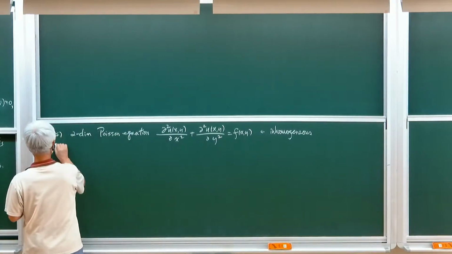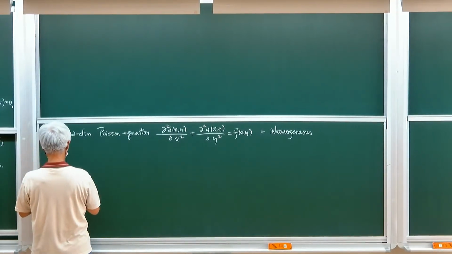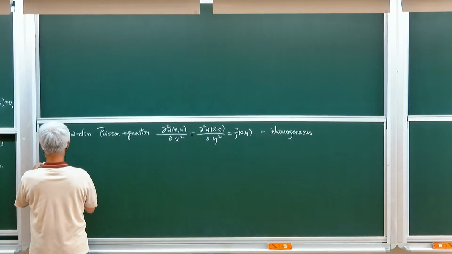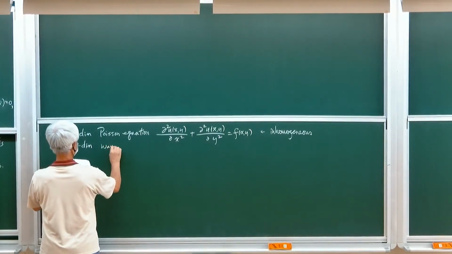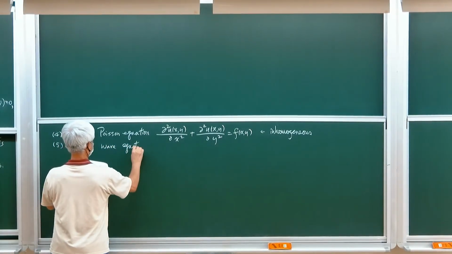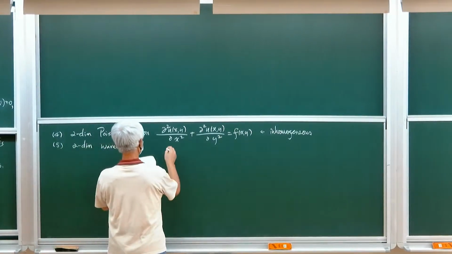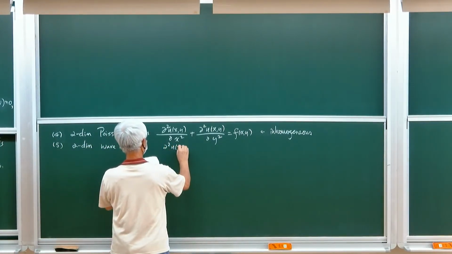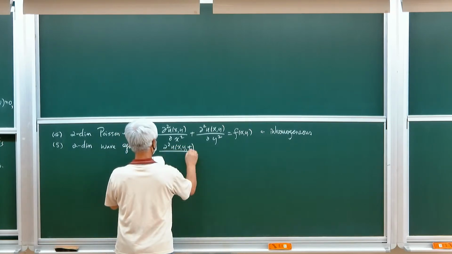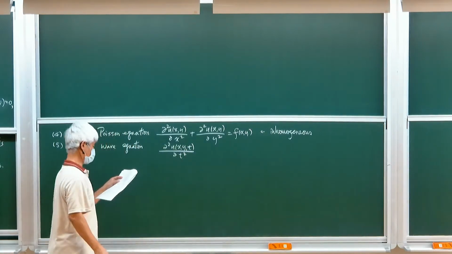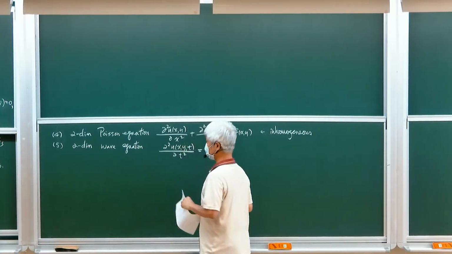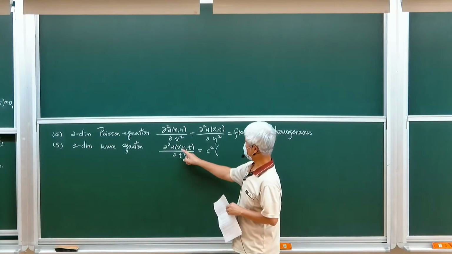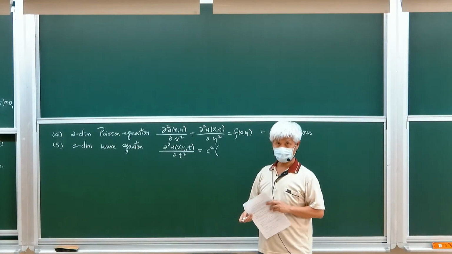The fifth one, the two-dimensional wave equation. The two-dimensional wave equation is very similar to the one-dimensional equation, except that there are two spatial variables, right?